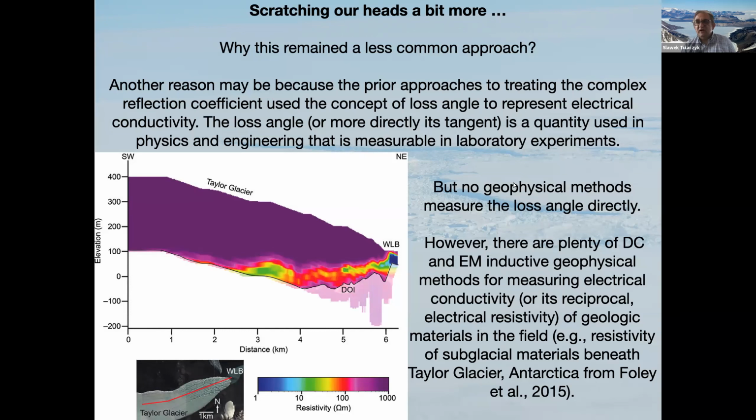What we do use, however, for over a century is the concept of electrical conductivity, or the reciprocal of that concept, which is the electrical resistivity. So there are plenty of geophysical techniques and studies out there that are measuring the resistivity or conductivity of geologic materials, not in terms of the tangent of loss angle, but in terms of quantities more tangible to us, expressed in, say, ohm meters or Siemens per meter.